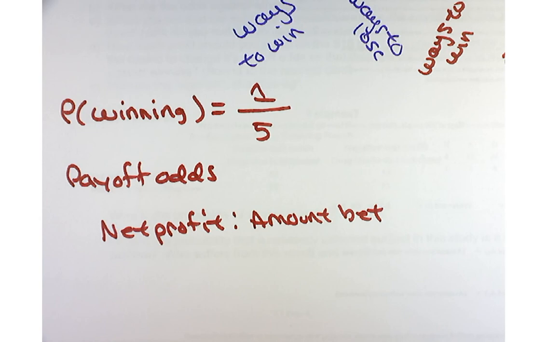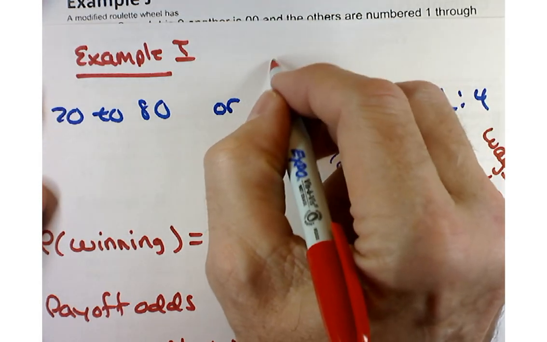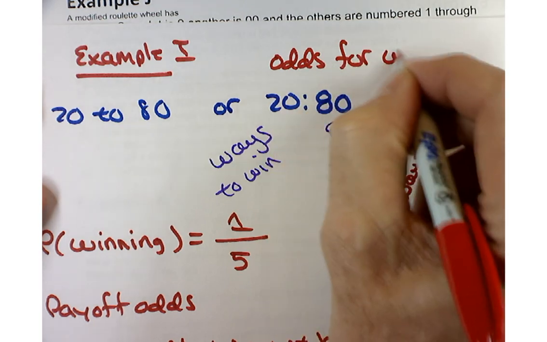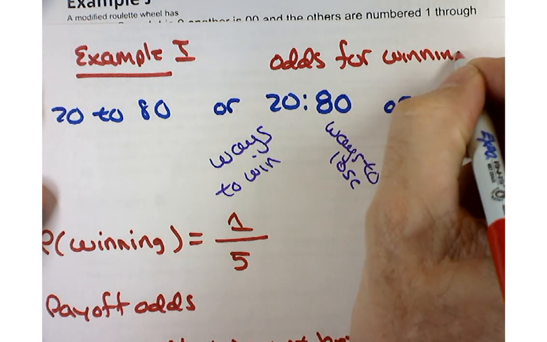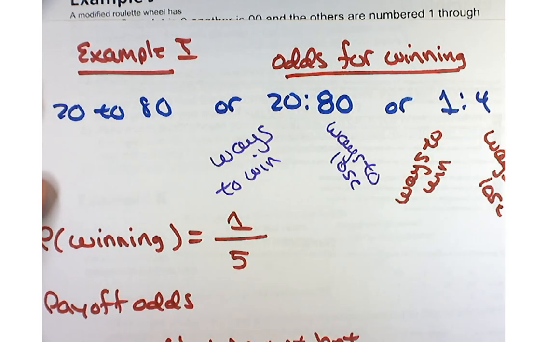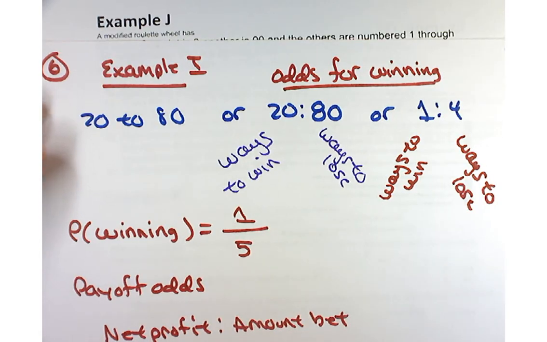All right. So it says the payoff odds is the actual odds against winning. Now let's be careful about something. These are your odds for winning. They were 20 to 80. 20 ways you win, 80 ways you lose.